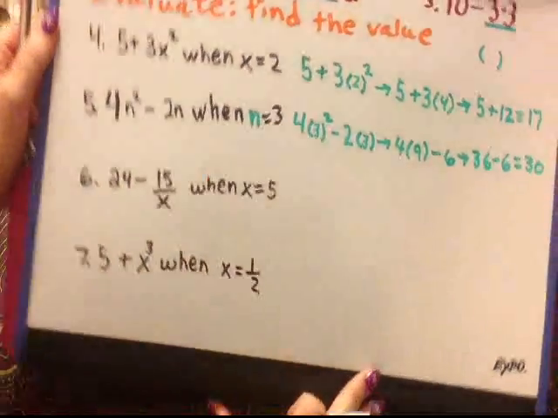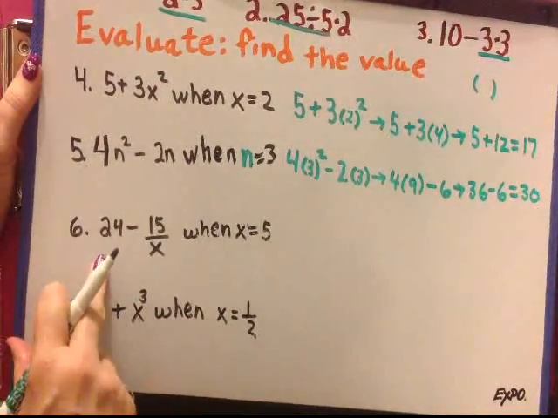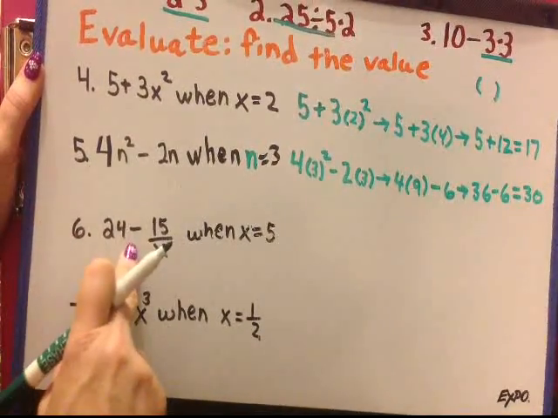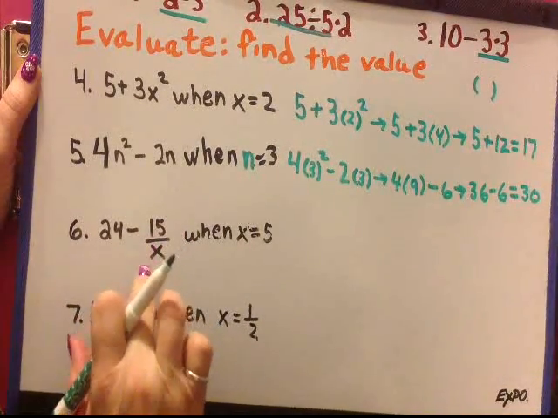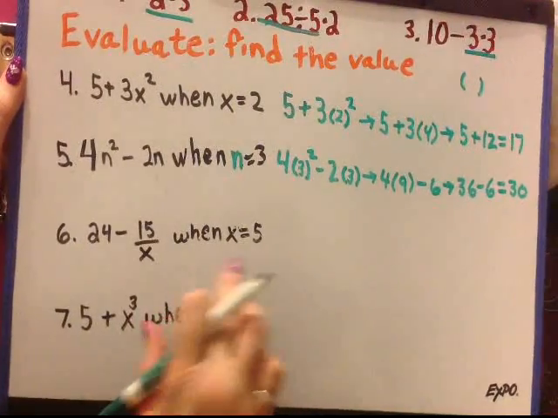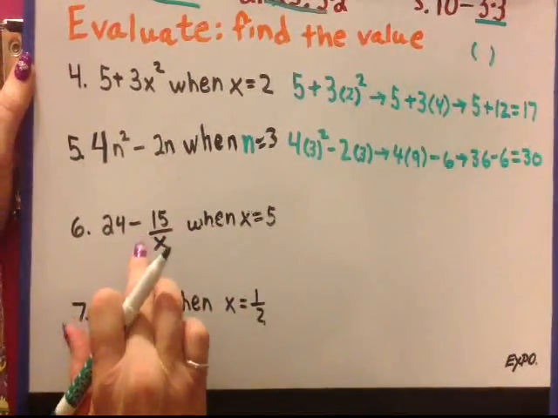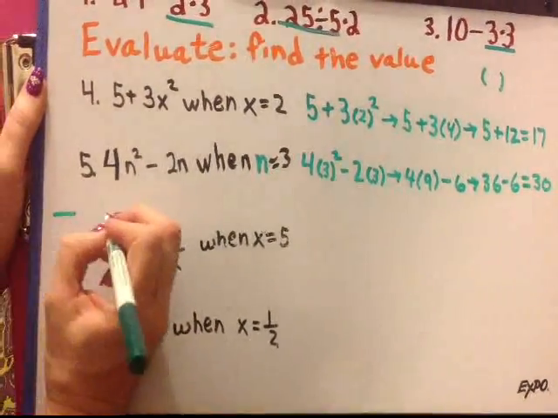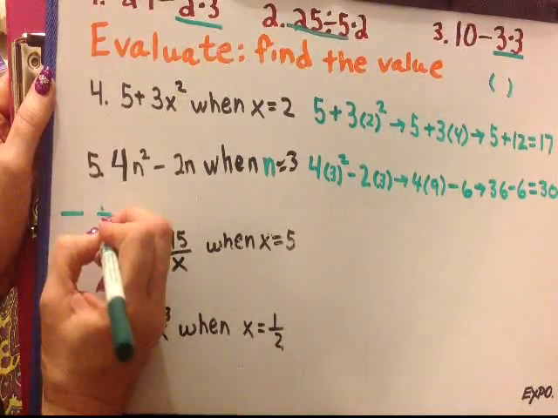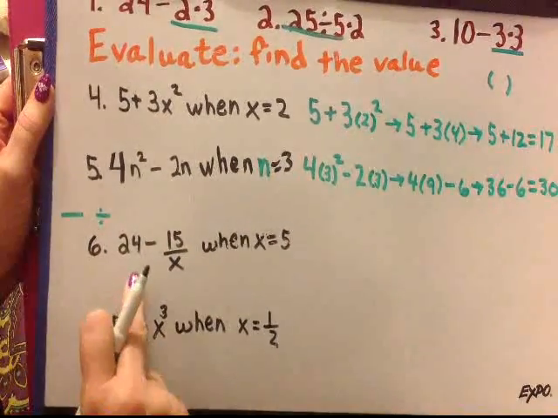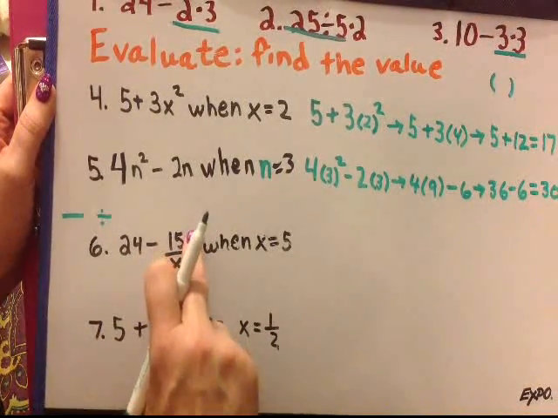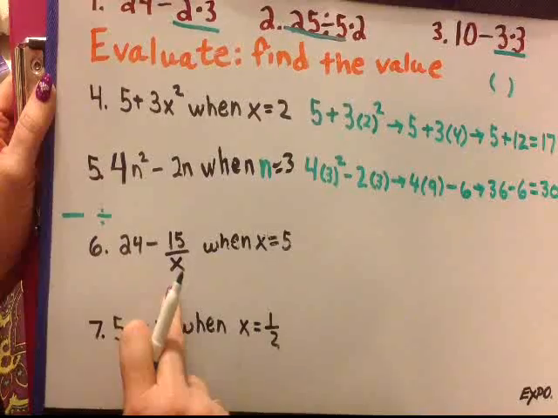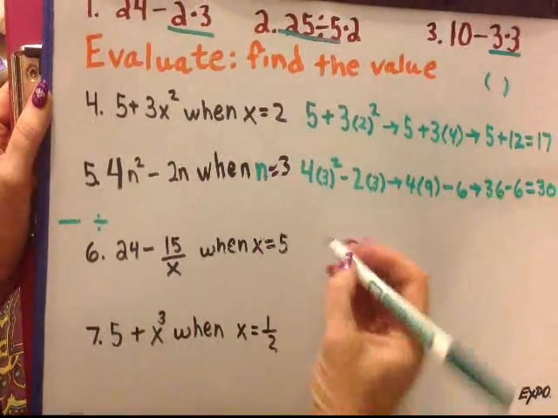All right, number 6, 24 minus 15 over x when x equals 5. A lot of people would read this over x, but what you need to remember is that a fraction bar is the same thing as division. So this really says 24 minus 15 divided by x, and x is 5.